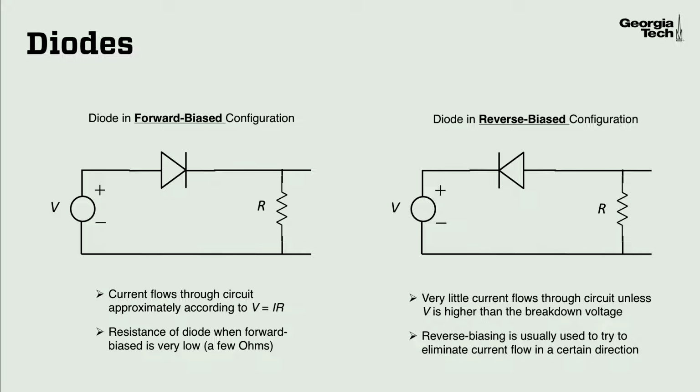In reverse bias, there will be very little current that flows through this circuit as long as V is less than the breakdown voltage. As soon as V exceeds the breakdown voltage, there will be current flowing through this circuit. But generally speaking, when we reverse bias a diode, we usually do that in order to eliminate current flow in a certain direction.